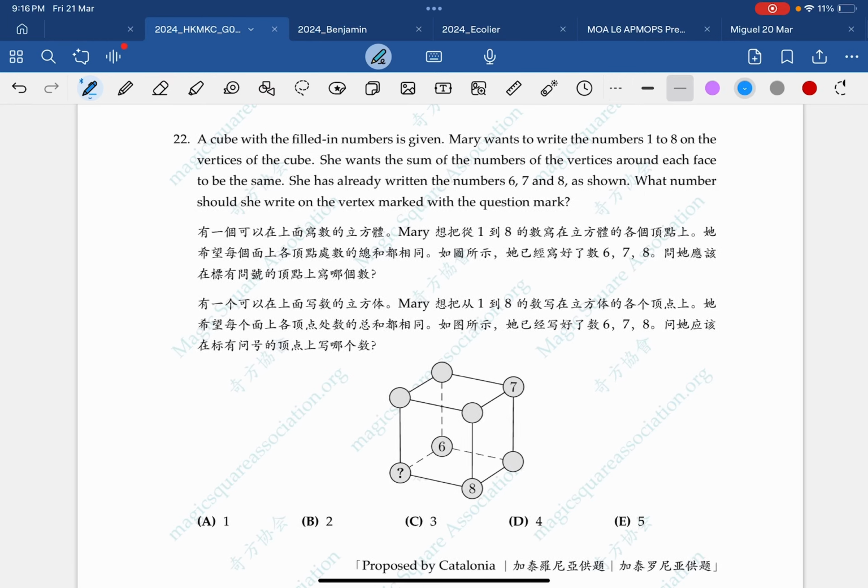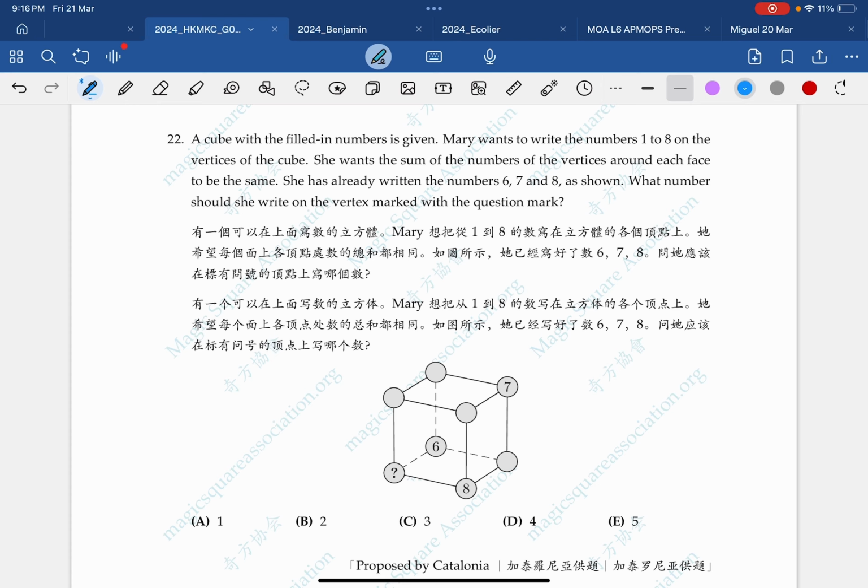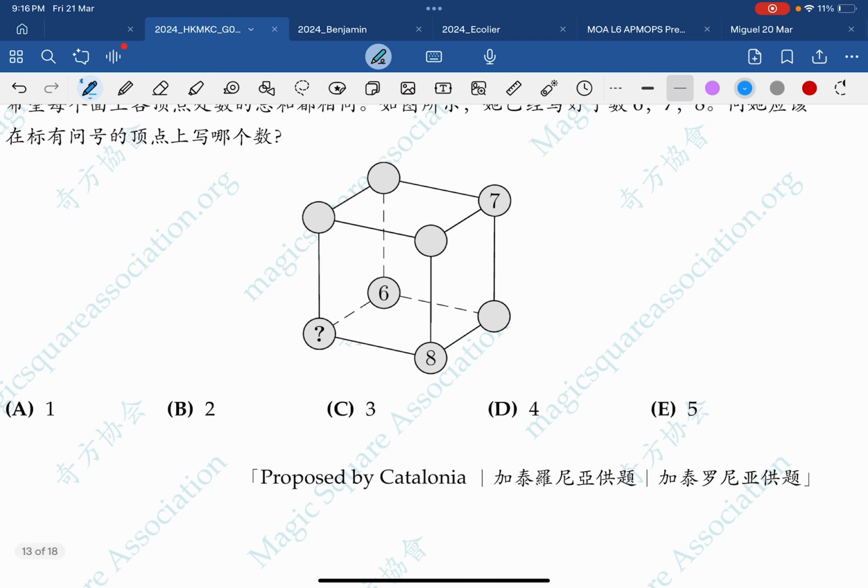Okay, question number 22. All right, so basically you need to use all the numbers from 1 to 8. You fill in all the circles with 1 to 8, and each face has the same sum. So if you add these 4 circles in this face, it's the same as having this face and adding all the circles here.